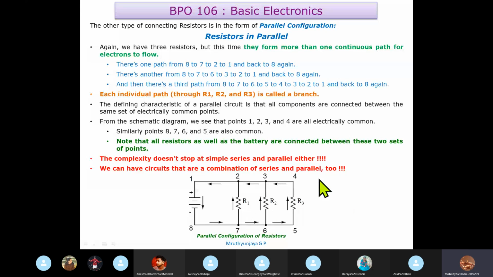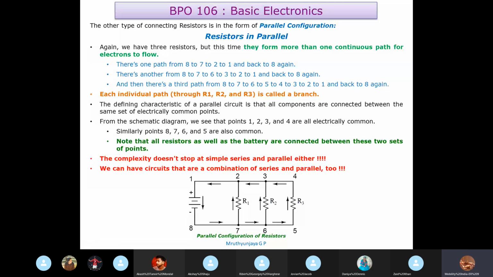This you can do easily if the values of the resistors are the same. Let's say there are 4 resistors in parallel, each 40 ohms. The resultant would be 40 by 4, that is 10 ohms. That is the way you can always remember.